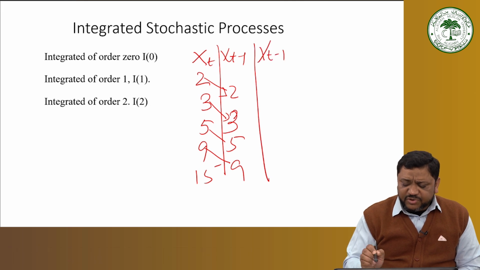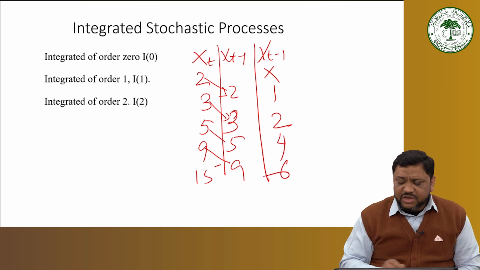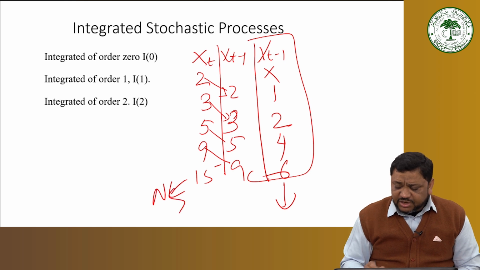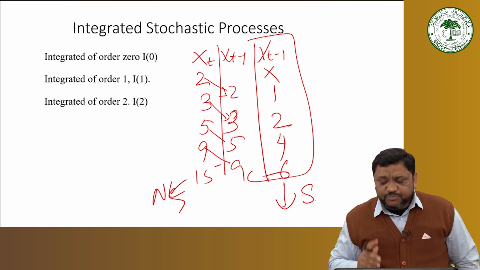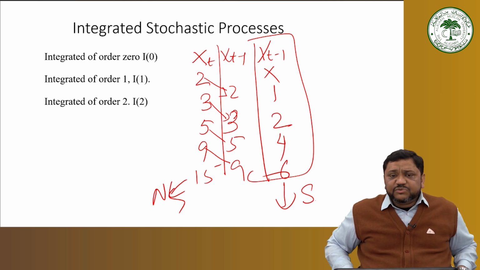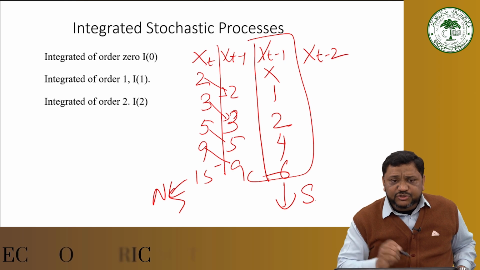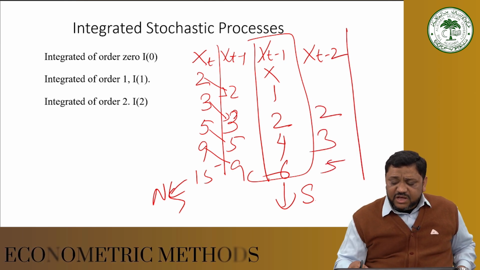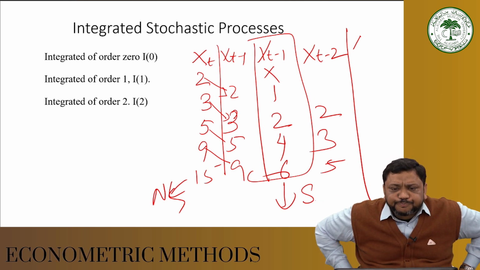Then 3 minus 2 is 1, 5 minus 3 is 2, 9 minus 5 is 4, and here it is 6. Now, this series was not stationary, and if after first differencing it becomes stationary, then this process is stationary. Sometimes, in place of xt minus 1, we may need xt minus 2, meaning this 2 we write further below, this 3 here, this 5 here, and then we again do the subtraction.